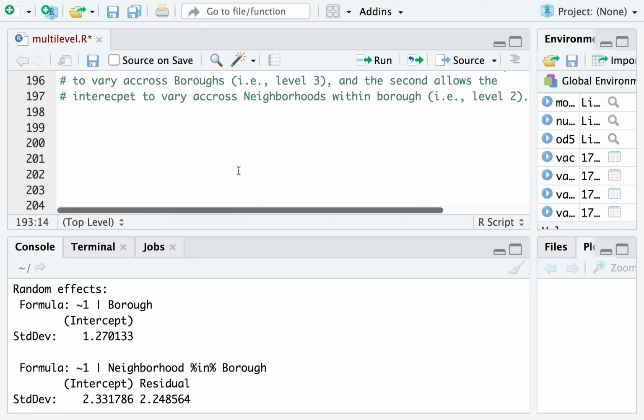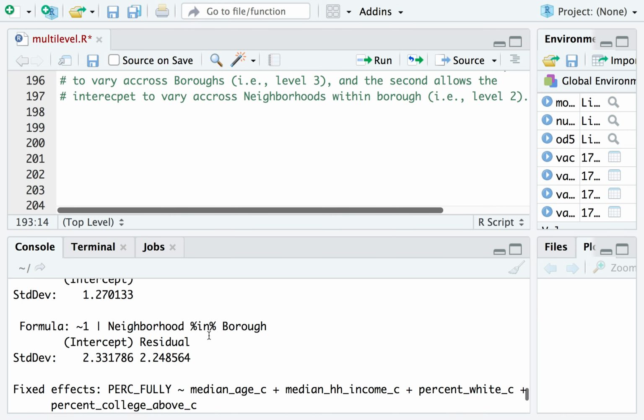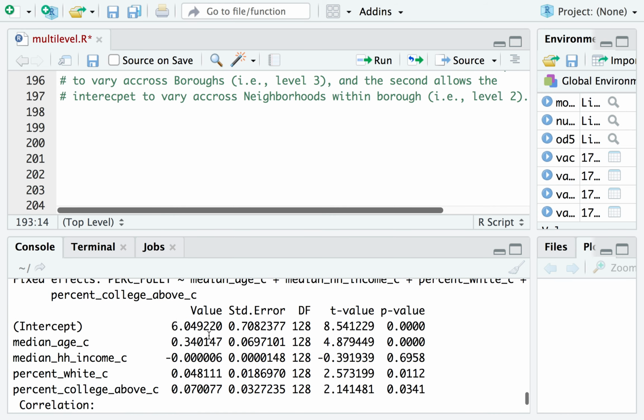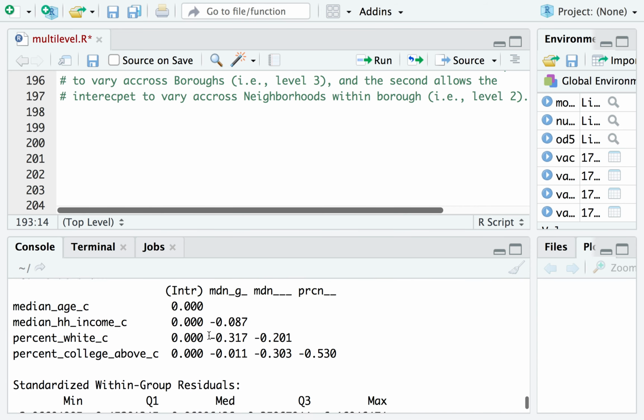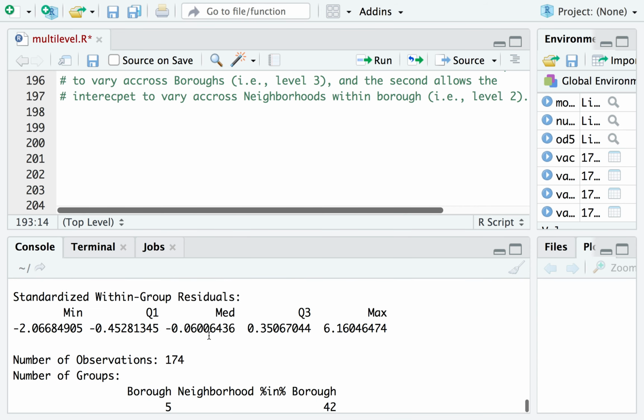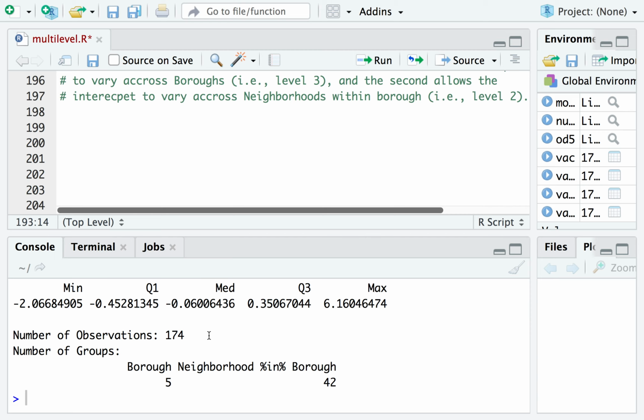So this is pretty much how to run this level 3 analysis. And as before, here are the fixed effects and the correlations. It also gives you some descriptives: the number of groups, so there are 5 boroughs and 42 neighborhoods.